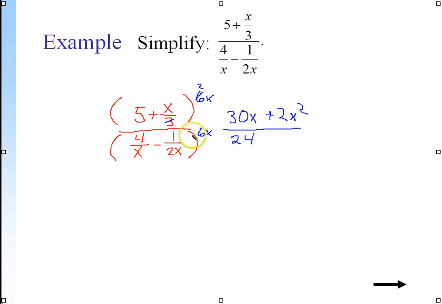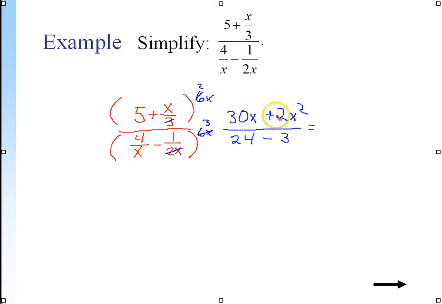Okay. Now we're going to cancel this x with this x and we get 24. X times 6 times 4 is 24. Now we're going to cancel this 2x with that and we're going to get a 3. And this is going to be a negative 1 times 3, a negative 3. Now we could factor out something here.